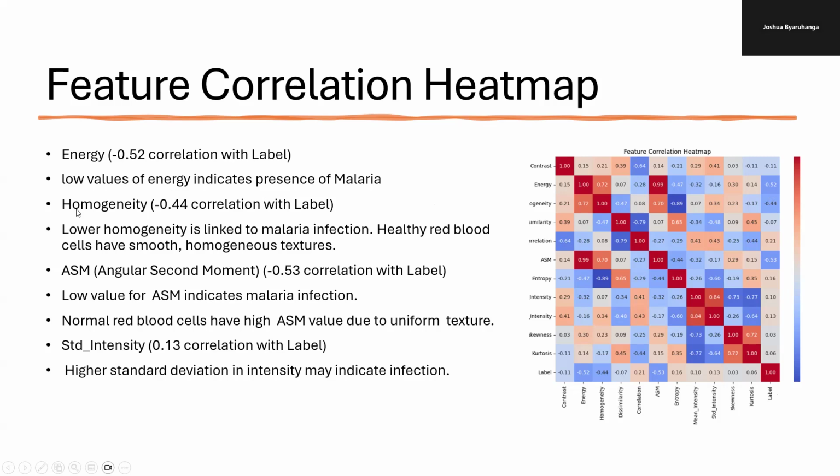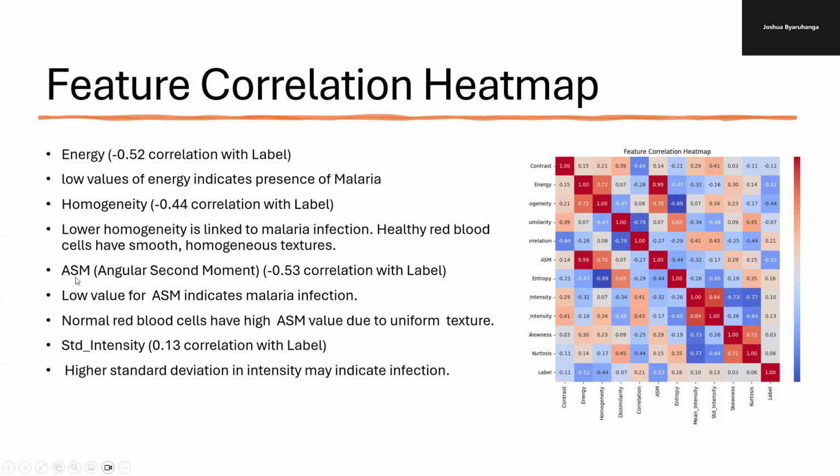Then also, if you look at the correlation of homogeneity with the label, this is 0.44. This low value for homogeneity also represents the presence of malaria-infected cells. High values would indicate that these cells are very normal, since there is homogeneous texture within the cells, or the cells are very smooth.